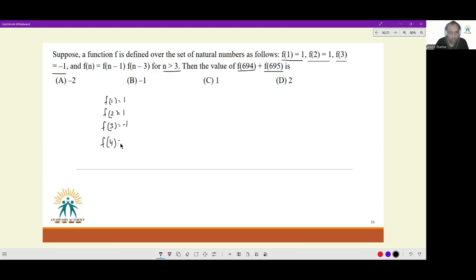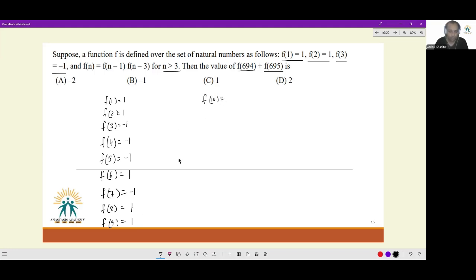Now f4 has been defined as minus 1 into 1, so it will get me minus 1. f5 will be equal to minus 1 into 1, minus 1. f6 will be equal to minus 1 into minus 1, or 1. f7 will be equal to 1 into minus 1, so minus 1. f8 will be minus 1 into minus 1, so again 1. f9 will be 1 into 1, so 1 again.